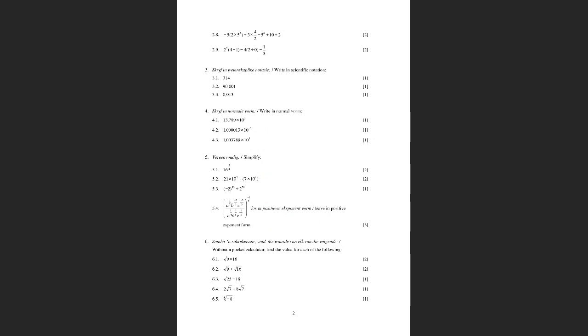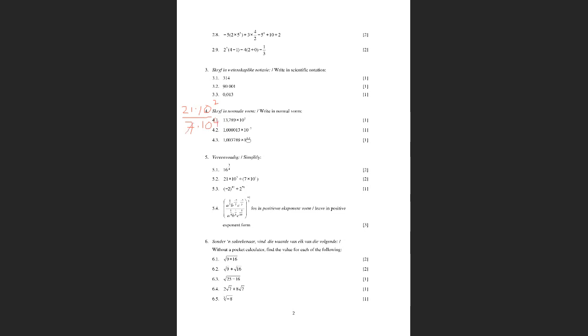We have 21 times 10 exponent 7 divided by 7 times 10 exponent 4.